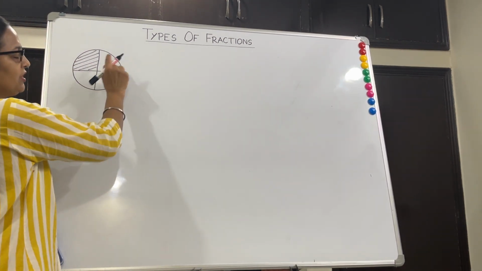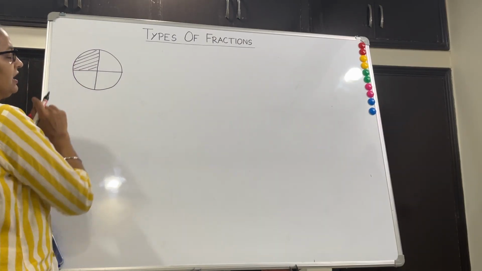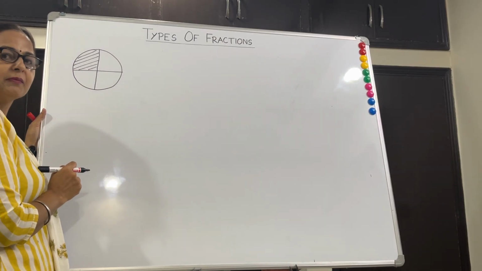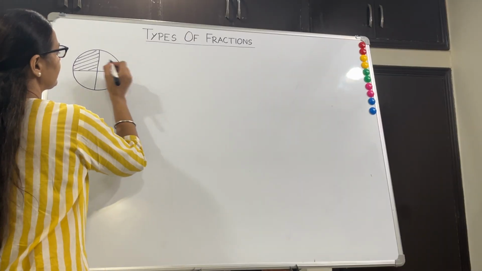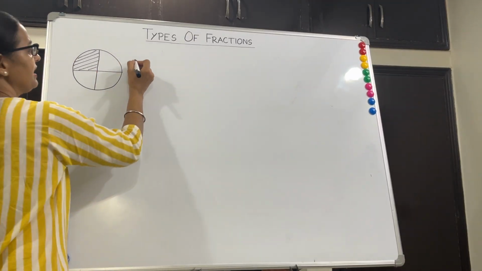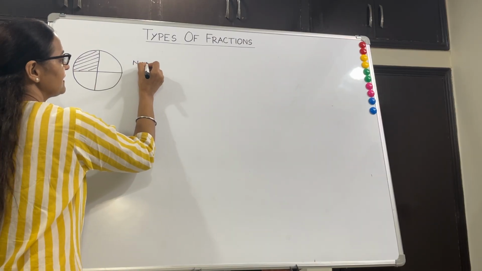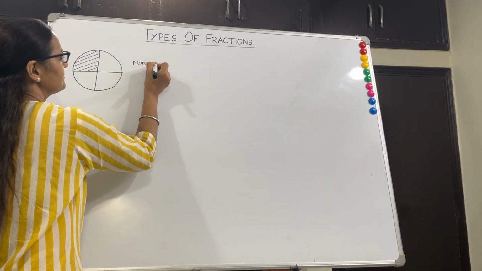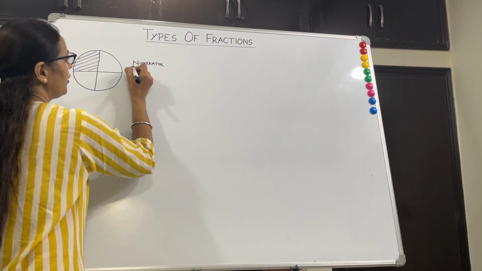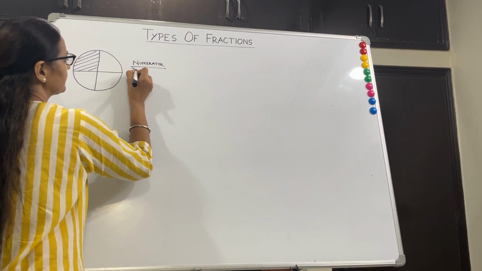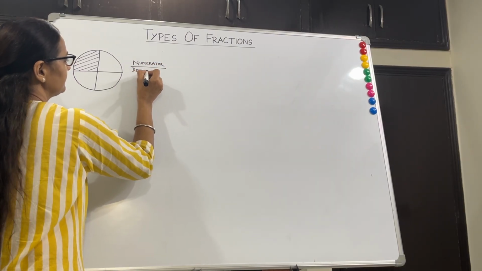So here our whole is this circle. How to write the fraction for this shaded part? We know a fraction is written as numerator upon denominator. I'm sure everyone knows this.